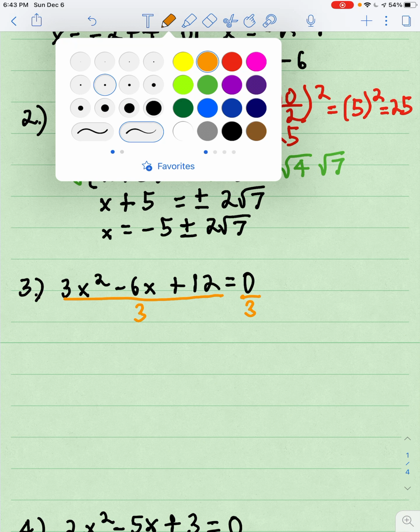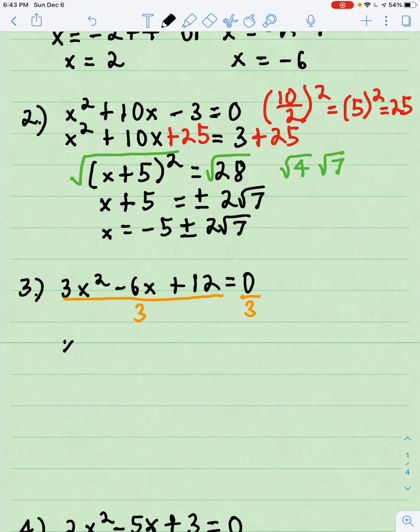When we do that, that gives us x squared minus 2x plus 4 equals 0. At this point, we want to subtract 4 from both sides. And now we can find the value that completes the square.